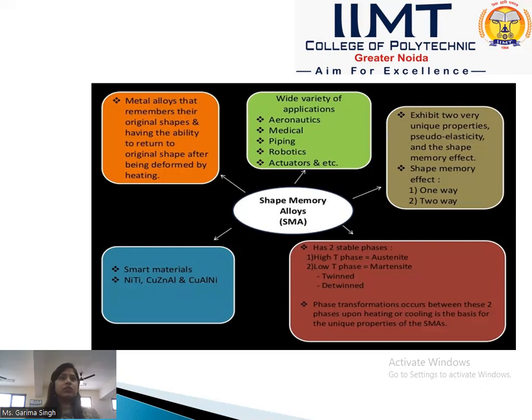Now, going to the next topic we discussed today: SMAs have two stable phases. One is the high-temperature phase, that is the austenite structure, which we already know from material science. And then there is a low-temperature phase, that is the martensite structure.